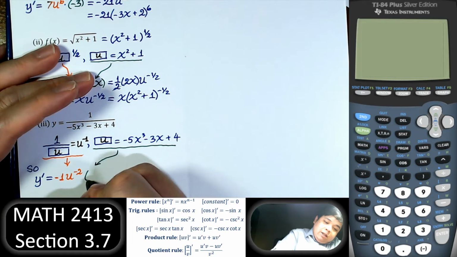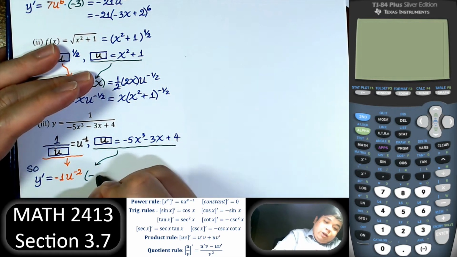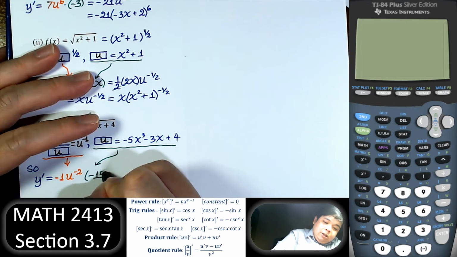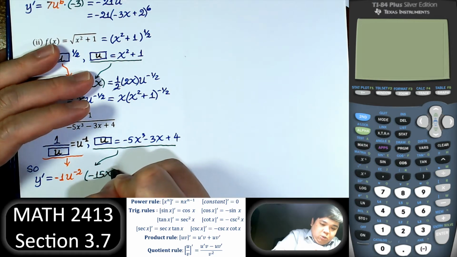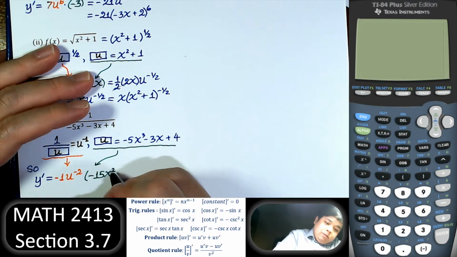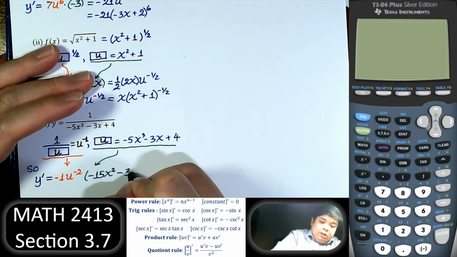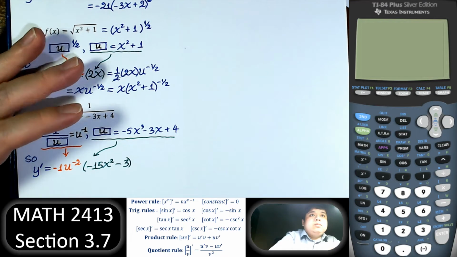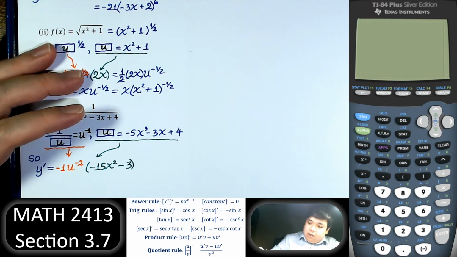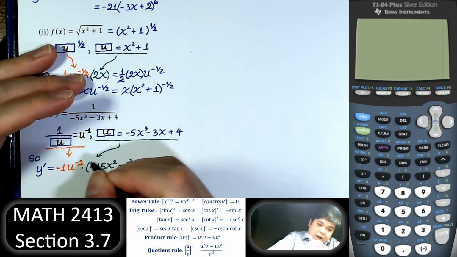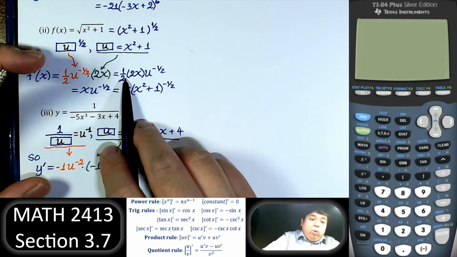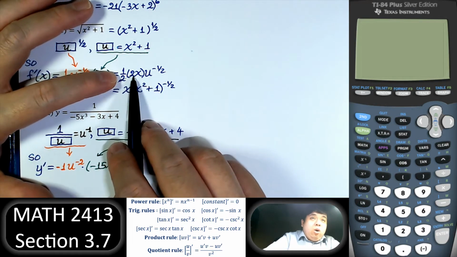The derivative of this is negative, take 3 down, negative 15x squared, and then minus 3. Right, now, unlike the previous one, when we have one term, we can go ahead and move it in front.